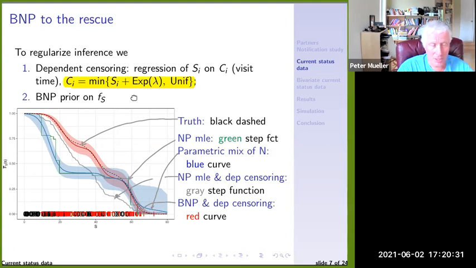Protocol specified that they come in between, I think it was between 3 and 11 weeks after treatment, but they're supposed to show up in the clinic. And what we have there is a race between visit by protocol and visit by discomfort when they need treatment. So this is a still stylized, but fairly good representation of what's probably really going on, to introduce informative censoring. Informative censoring helps a lot.